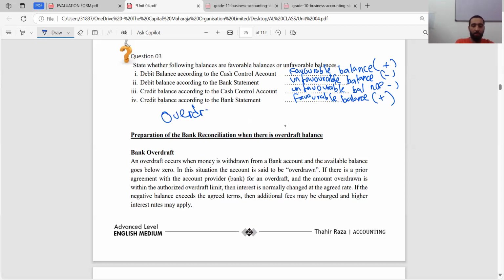Does anyone know what is overdraft balance? I'm giving you all 1 minute. Please read this, and then we will move on.